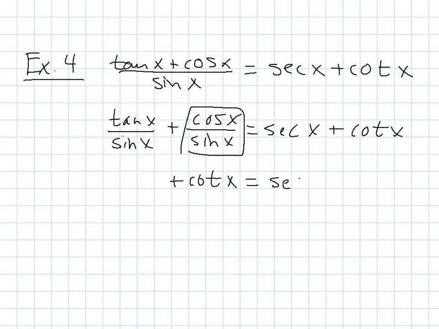Now, the secant part is a little harder to see since you have tangent over sine. But, like I said, sometimes putting everything in terms of sine and cosine might make it easier to determine what's going on or what to do next. So here, tangent, let's change that to sine over cosine. Now here, that looks like a complex fraction. So let's put the bottom sine of x over 1, and let's multiply it by the reciprocal.